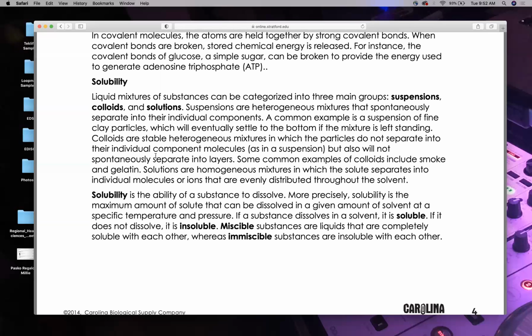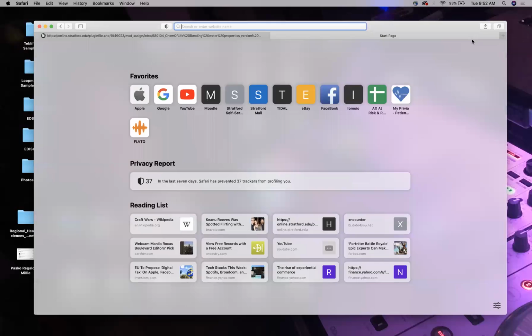Now, what's a colloid? In a suspension, the parts can fall out, but in a colloid, you know what? I'm not explaining it right.